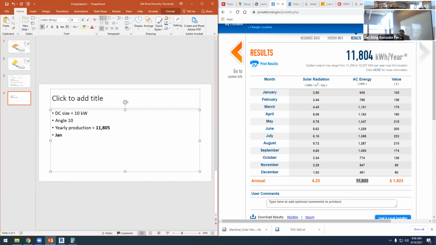And let's say January production is 645. And then July is 1,300. We are talking about kilowatt hours. Units are important, remember.